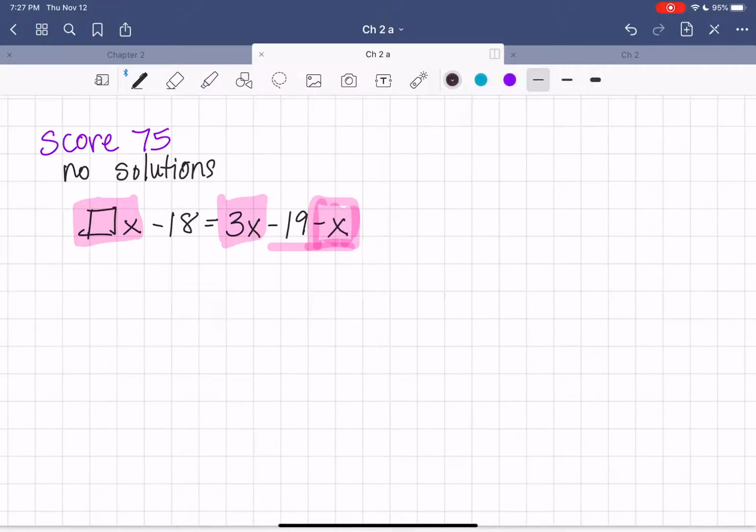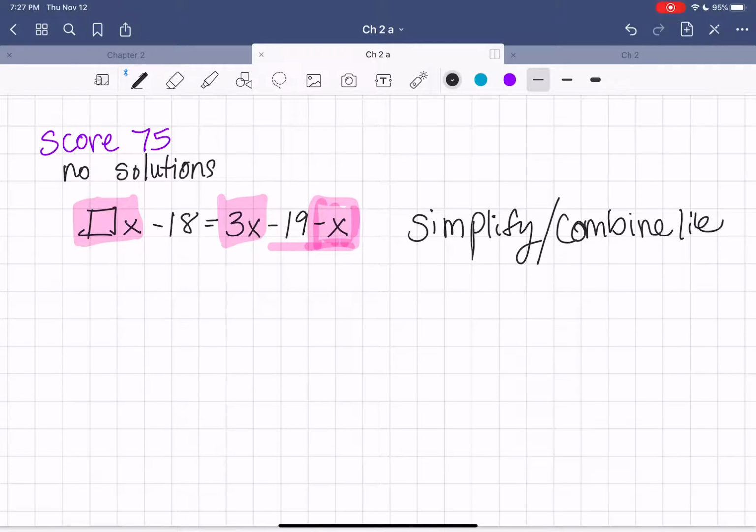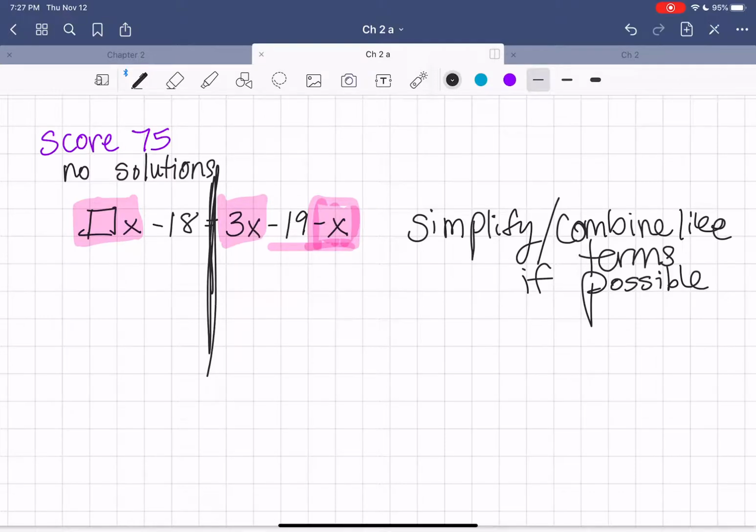I need to simplify, aka combine like terms if possible. Please remember, you may not move things across that equal sign when you're combining like terms. Do not do that.